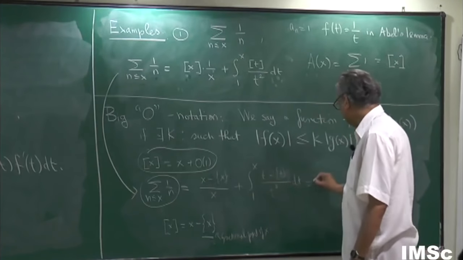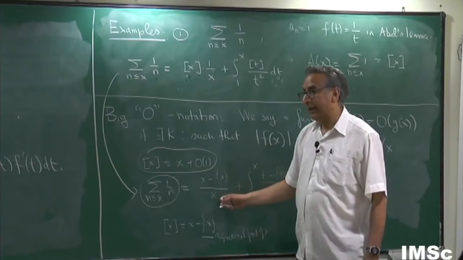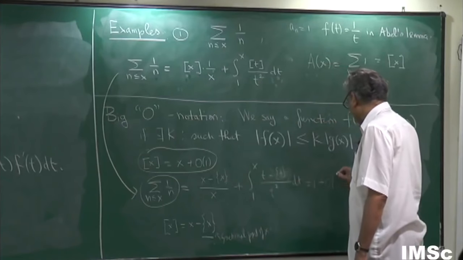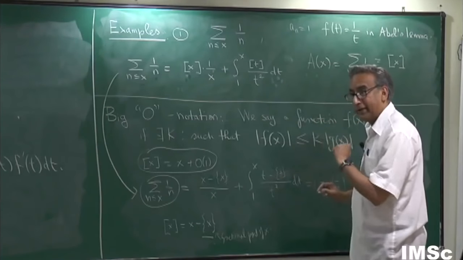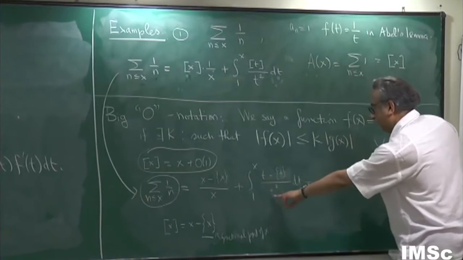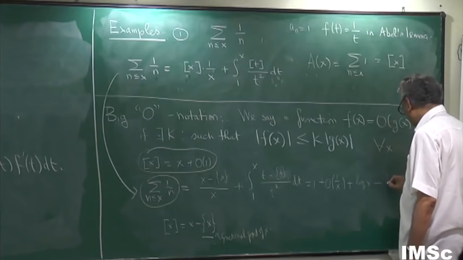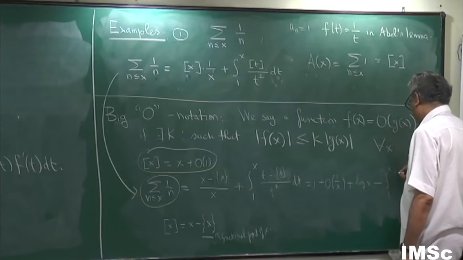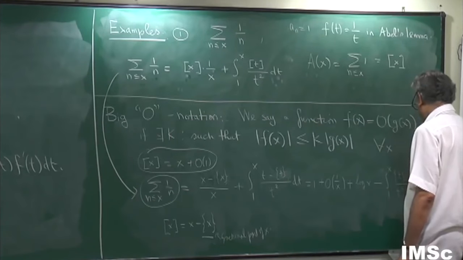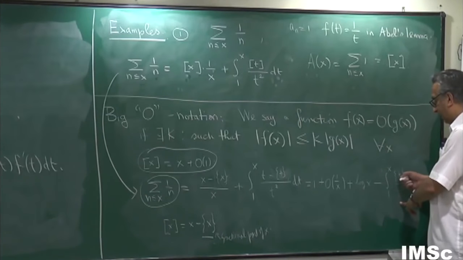Well, the first one is 1. The second one is fractional part of x divided by x, but that's still O of 1 over x, so there was no problem there. It matches the previous calculation. But this time, t over t squared is still log x. But this time, I get the integral from 1 to x of fractional part of t divided by t squared dt as a term. And before, I just sloppily put O of 1 there and said this whole thing is bounded.